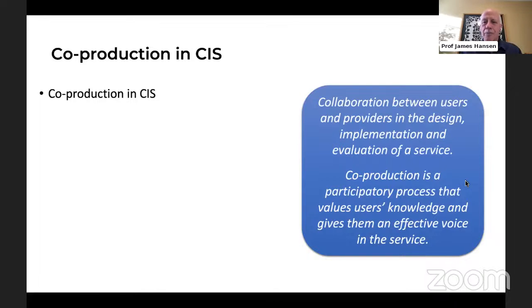So co-production can be thought of as a participatory process that values users' knowledge and gives them an effective voice in the service. So in the case of co-production, there's a reversal of roles. The meteorologist, the agricultural researcher, isn't just the expert that educates the farmers. They become the learner and learn from the farmers and with the farmers.